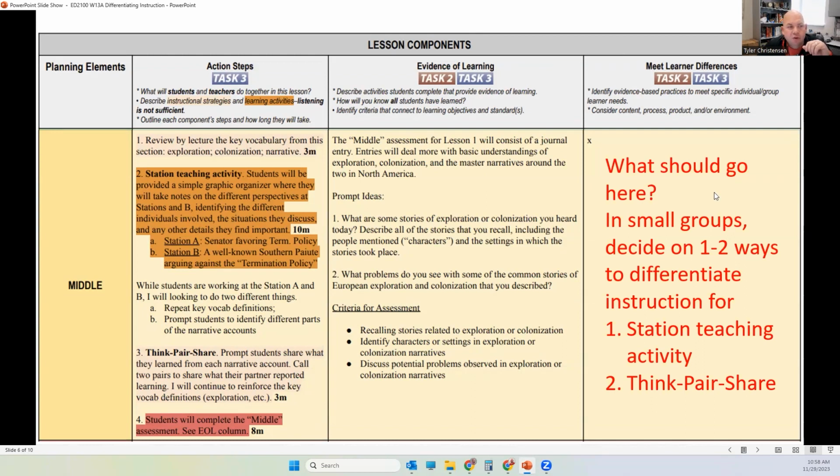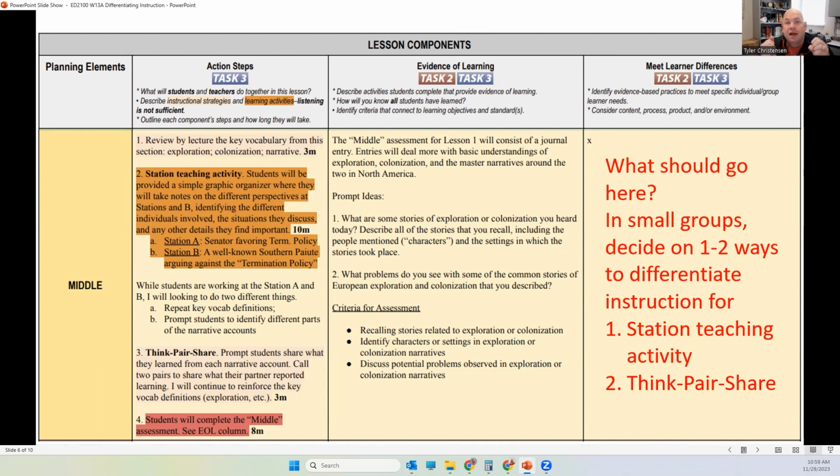So what could we do for the station teaching activity? So over here in this third column, I could type out, and I'm not going to type it, but I'm going to walk you through it. Just type out station teaching activity, and then thinking about that worksheet, maybe we would have a simplified version of the worksheet. And so I could write that out, have a simplified version of the worksheet for student A and B, which I've identified through my contextual factors, right?